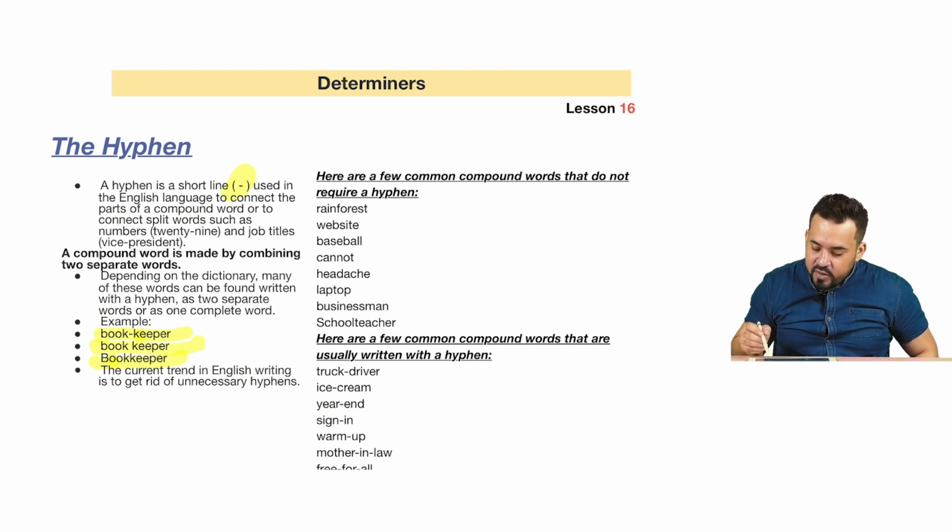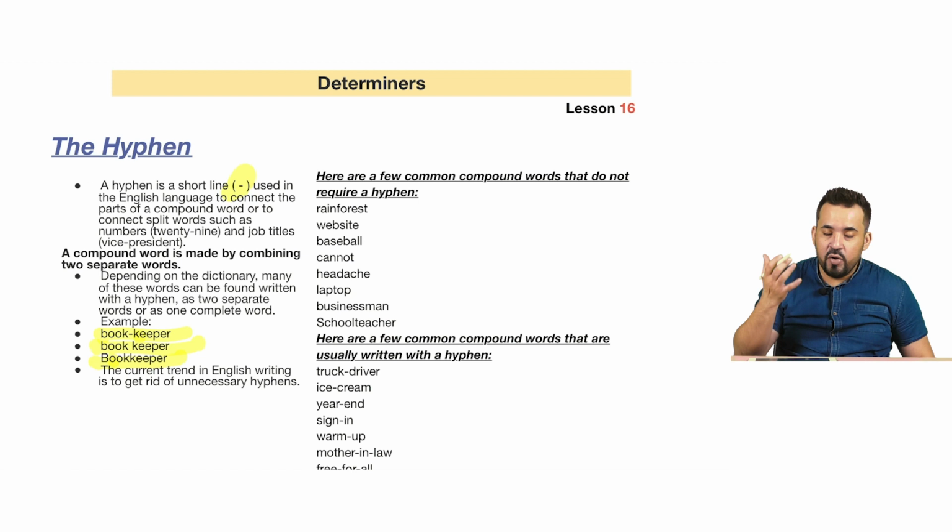Okay, so common compounds, words that do not require a hyphen: rainforest, website, baseball, cannot, headache, laptop, businessman, schoolteacher. Here are a few common compound words that are usually written with a hyphen, such as truck driver, ice cream, year-end, sign-in, warm-up, mother-in-law, free-for-all. Those are common words that are normally written with a hyphen.